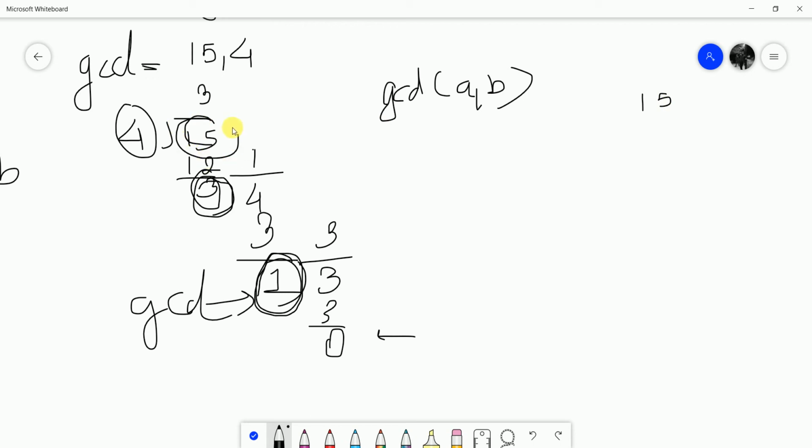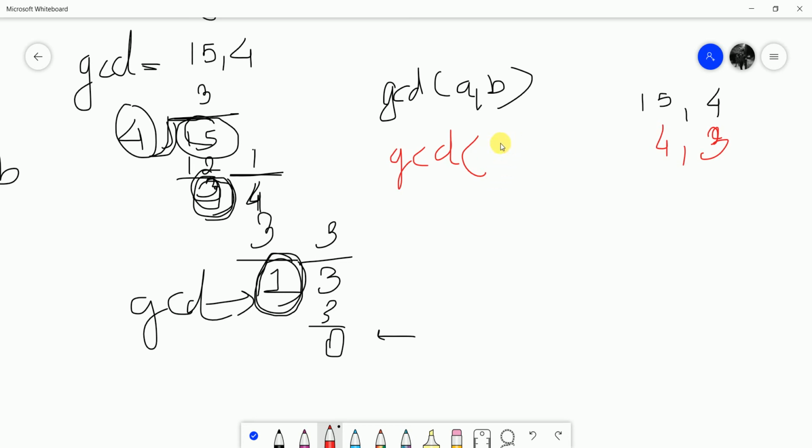The thing we write inside the division is value a, and what we are dividing it by is value b, so it is 4 here. Then we are dividing 4 by 3. So 4 is being divided by 3 now in the next step. So we can see that we are calling the function on b modulo a.